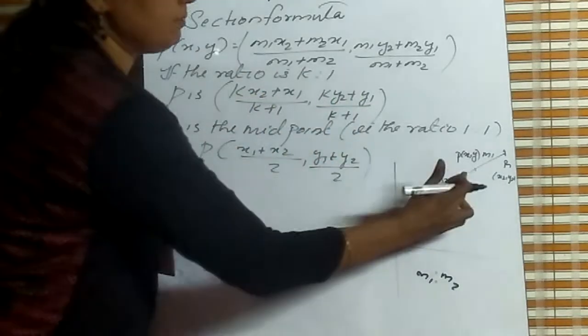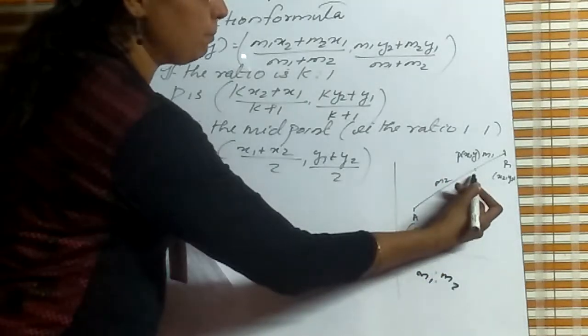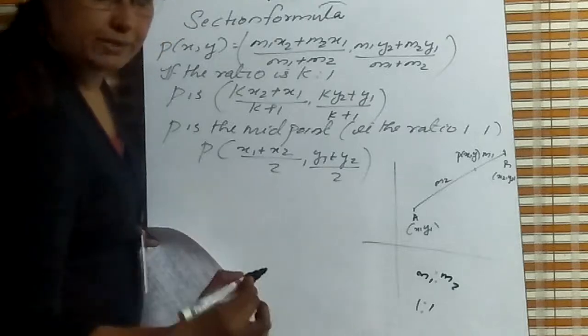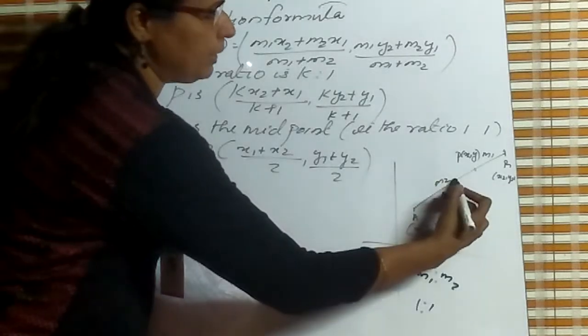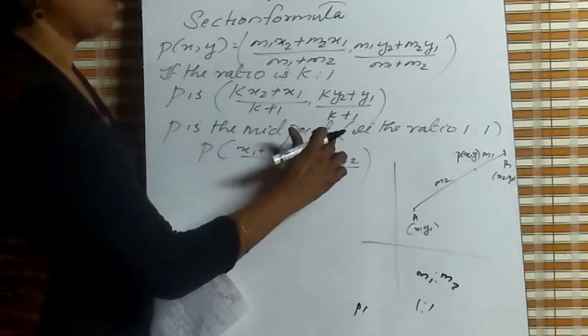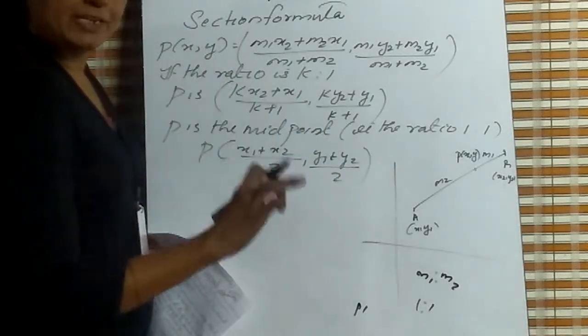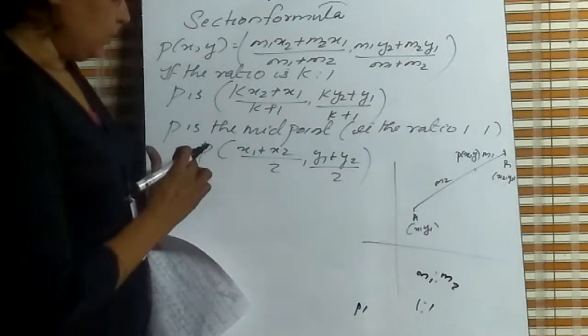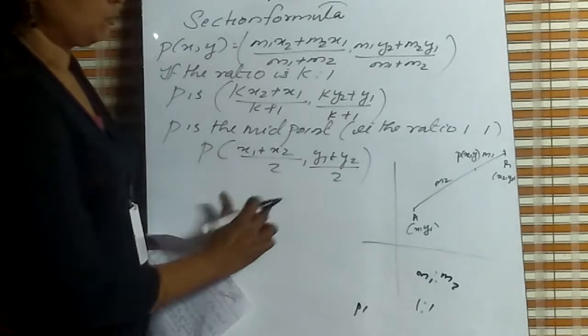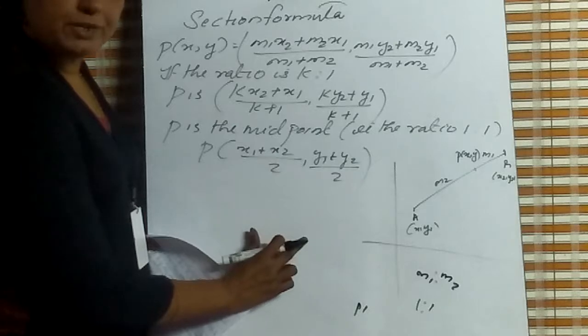And if m1 and m2 divide in the 1 is to 1 ratio, it means the point P(x, y) is the midpoint. If P is the midpoint, that is the ratio is 1 is to 1, we use the formula for finding P(x, y): (x1 plus x2) by 2, (y1 plus y2) by 2.